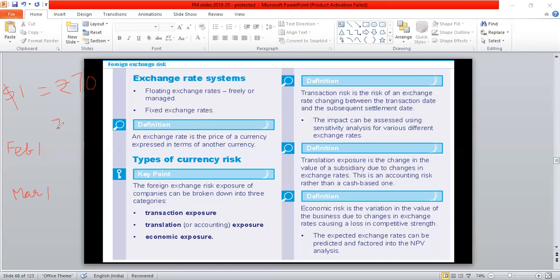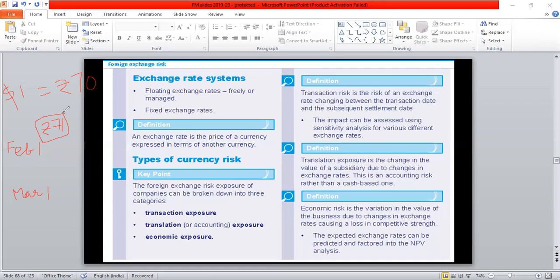If for every $1 they have decided the rate to be 71, no matter what is the prevailing rate as on February 1 or as on March 1, irrespective of that, they would have to fulfill the obligation which they have mentioned in the agreement at this rate. So that's a fixed exchange rate. They have decided on that rate.